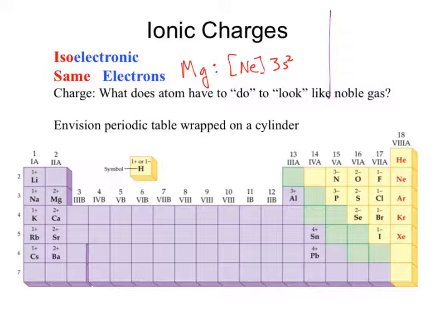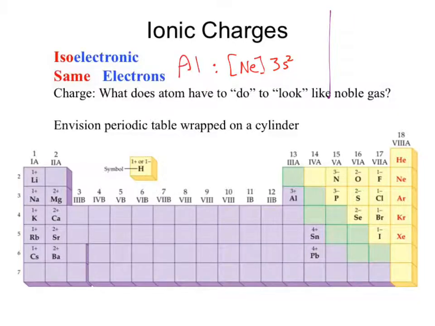We're still trying to look like a noble gas. So it can either lose 2 electrons to look like neon, or it can gain 6 to look like, what's the next one? Argon. Which is easier? Lose 2, gain 6. Lose 2.